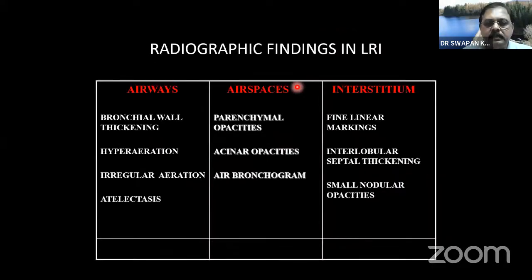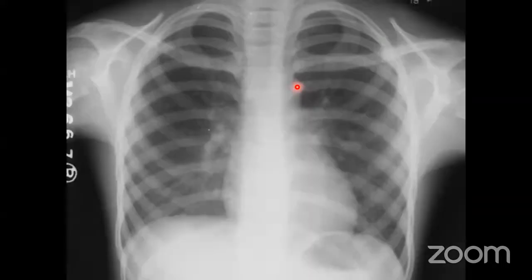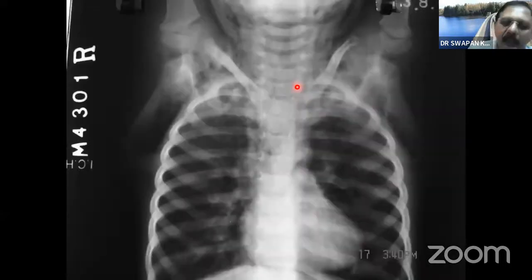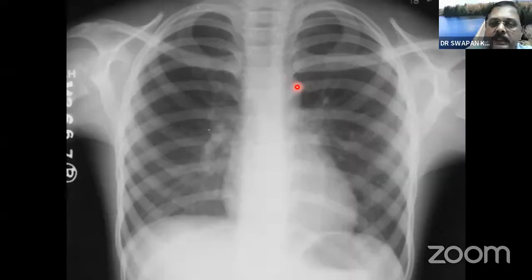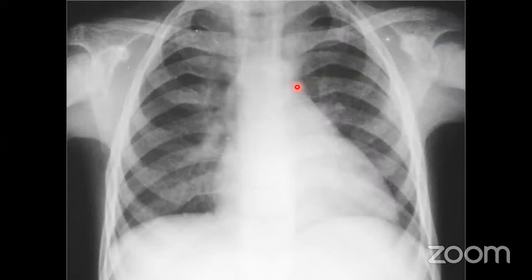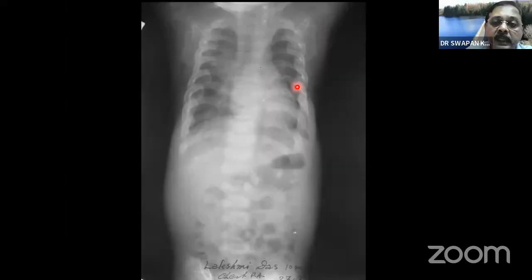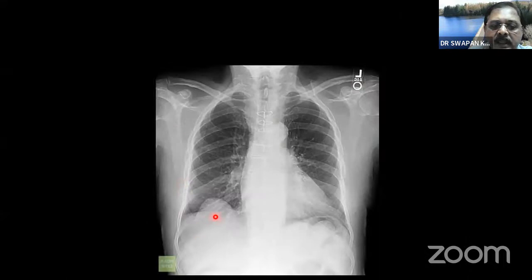Diaphragmatic palsy. In case of diaphragmatic palsy, if the whole diaphragm gets involved, it is diaphragmatic palsy or weakness. But if part of the diaphragm is involved due to a part of weakness of the musculature, we call it diaphragmatic eventration. Here the whole diaphragm is involved. It has gone much above, so it must be a diaphragmatic palsy. But look at this. These are the convex or tenting of a part, the anteromedial part of the diaphragm.